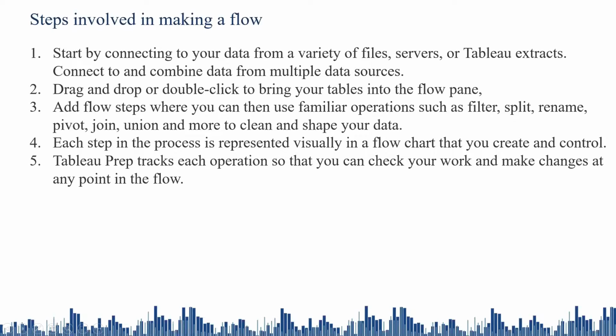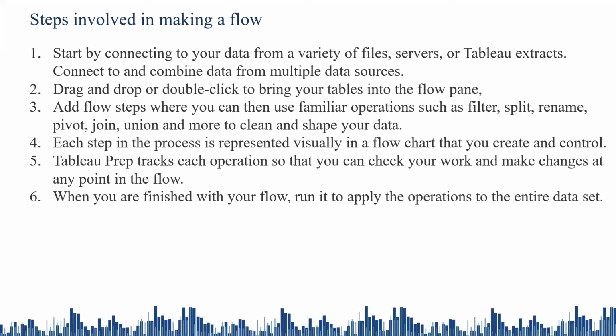Once you select a step, whichever changes you made in that step will be visible in the pane to the right of the flow pane. Once you are finished with your flow, just run it. At last, add a step for output and select whether you want a Hyper Extract, CSV file, or Excel file. These are broadly the 6 steps involved in making the flow.